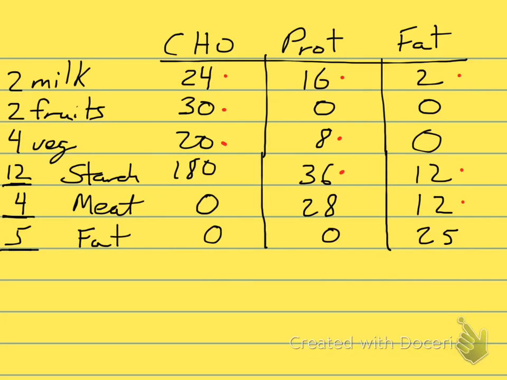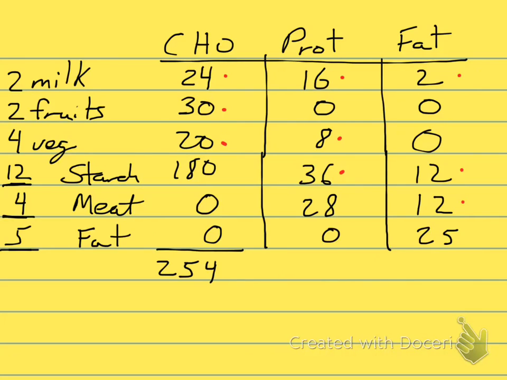So let's go ahead and total everything up real quick. Okay. So if I take all my carbs and add them all up together here, I'm going to end up with 254 grams of carbohydrate.